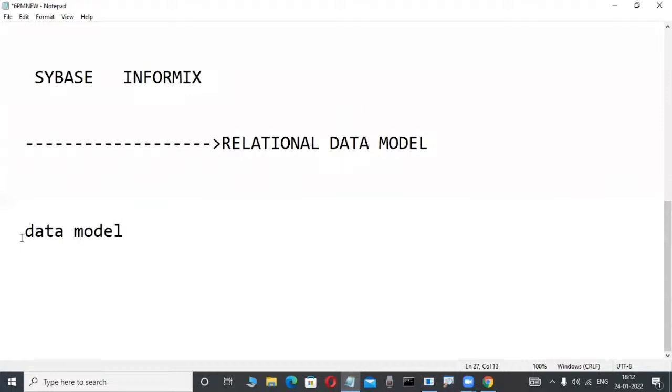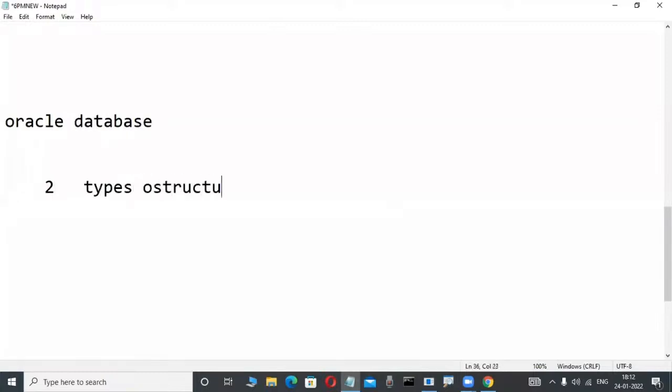Anybody attending the previous class, I am telling one thing. Here Oracle is a product. This Oracle database, or any relational database, has two types of structures, I told in the previous classes: one is the logical structure, another one is the physical structure.